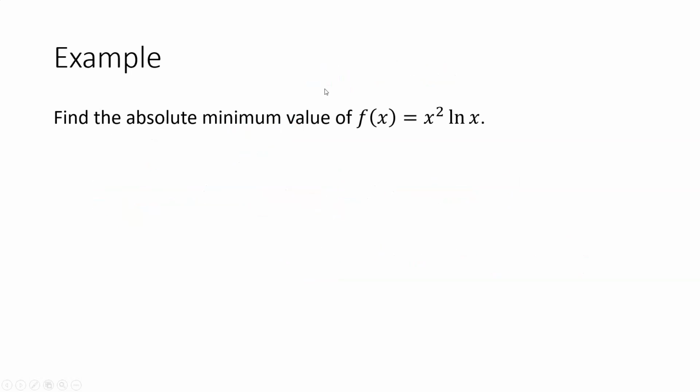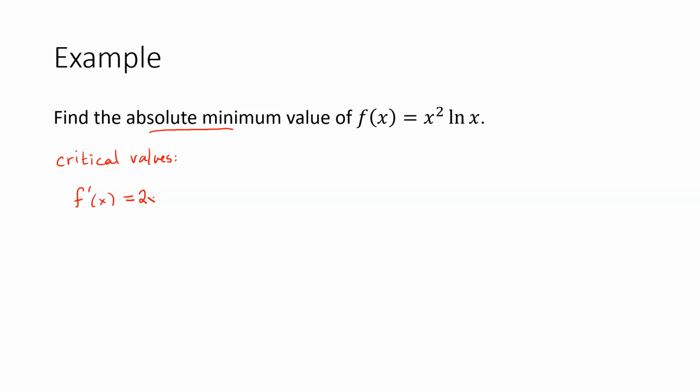Let's try another example, where here we're asked to find the absolute minimum value of the function f of x equals x squared ln x. So if we're finding the absolute min, we'll start by finding our critical values. So we'll take f prime and solve that equal to 0. Now, of course, here we're going to have to use the product rule.